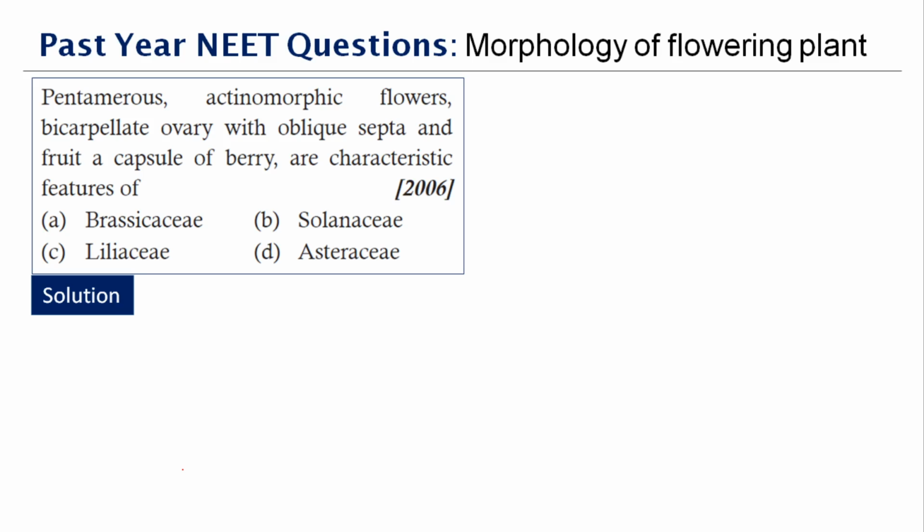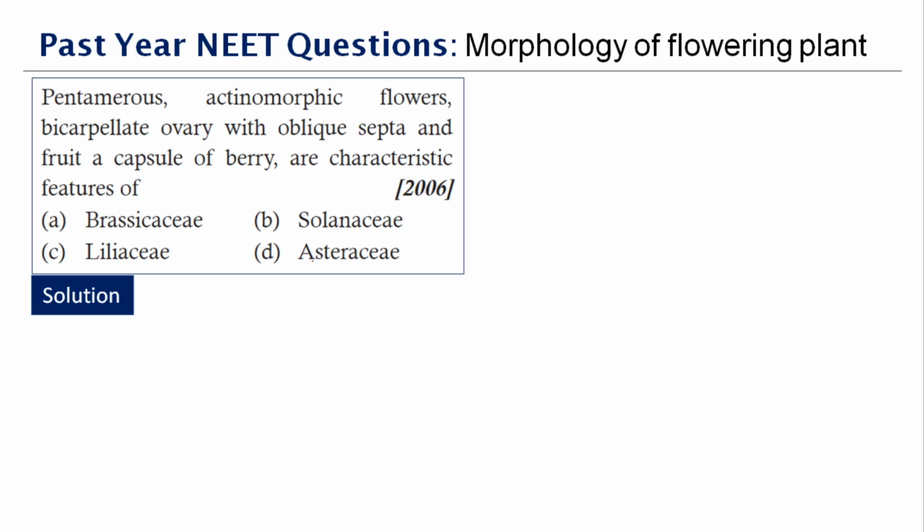Now you have to confirm why it is not Brassicaceae or Asteraceae. In option A, it is dimerous, not pentamerous. Liliaceae is trimerous, and Asteraceae is pentamerous, but the flowers are sometimes actinomorphic and sometimes zygomorphic, with a bicarpellary syncarpous unilocular ovary, and the fruit is a cypsela. I have told you what comes in each.